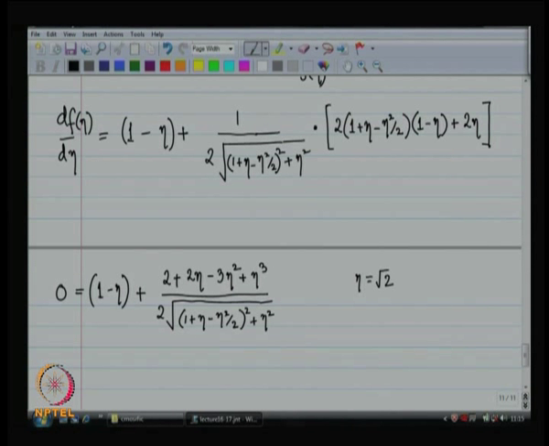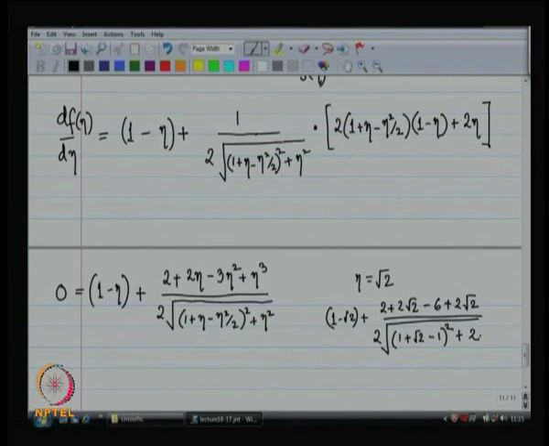I mean, you can solve this, but let me just first try to plug this in to make life easier. So, if I do plug that in, I get 1 minus root 2 plus 2 plus 2 root 2 minus 6 plus 2 root 2, divided by 2 times square root of (1 plus root 2 minus 1) the whole squared plus 2.